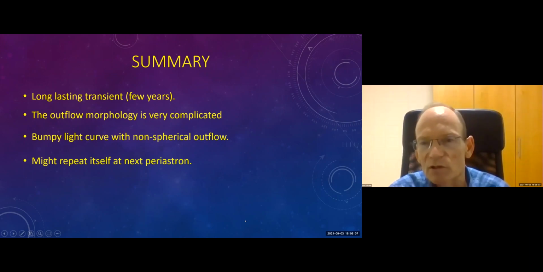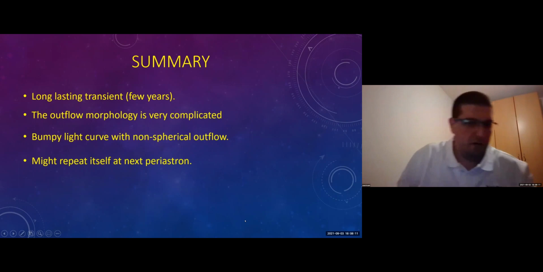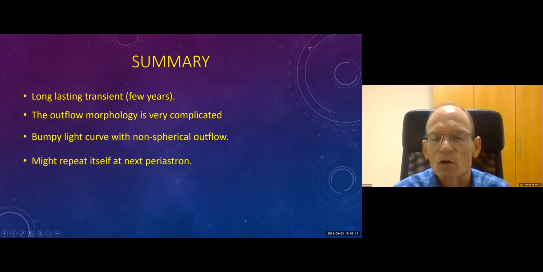In this simulation, there are two main events: the entrance and the exit of the neutron star, and it's very different from the scenario where the neutron star moves on a circular orbit around the center of the giant.